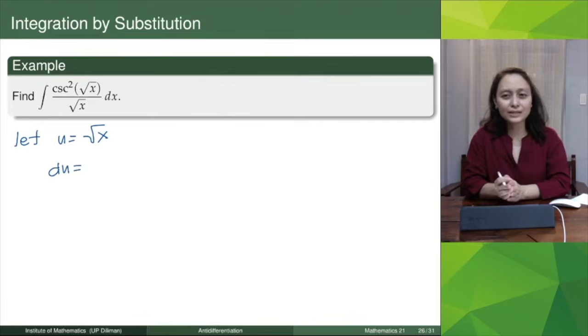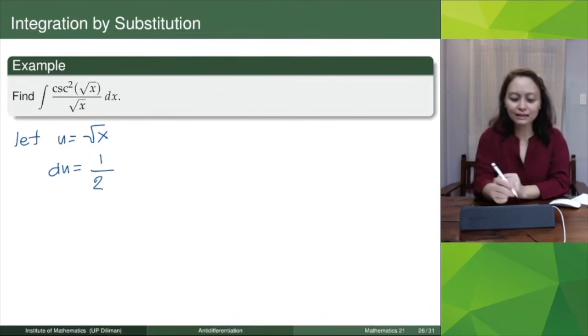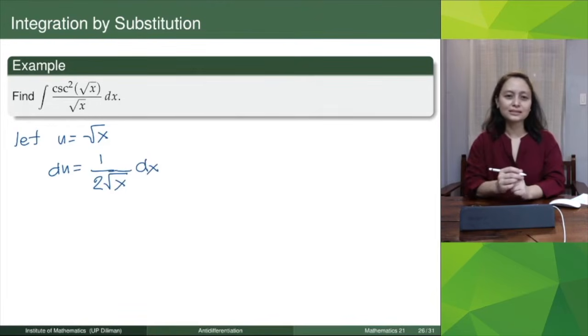Remember, square root of x is x raised to 1/2. Okay? So, nagdi-differentiate tayo ha, huwag malilito. Ang derivative ng x raised to 1/2 ay 1/2 x to the negative 1/2, or, lagay na natin yung square root of x sa denominator times dx.